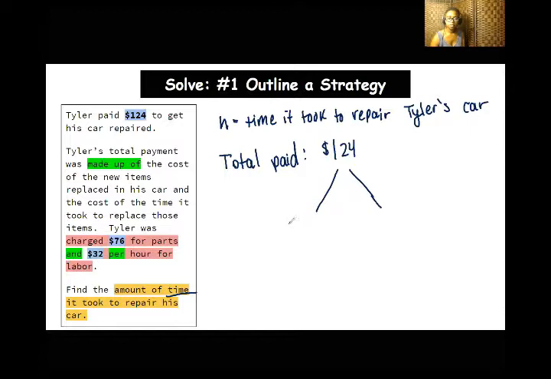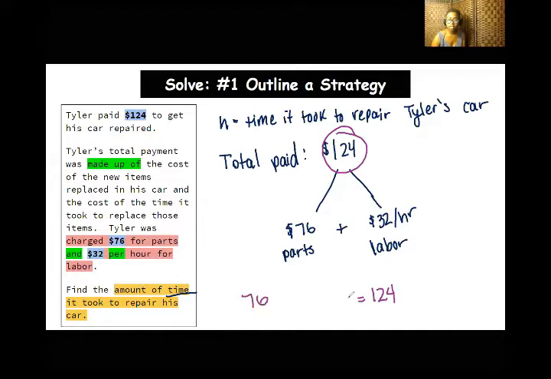The first was parts, which was $76, and the second was labor, which was charged $32 per hour. We know we are adding these two together to get $124, okay? Now, how can we write this as a mathematical sentence? Well, we know that 124 is the total, okay? So that is on one side of the equation.